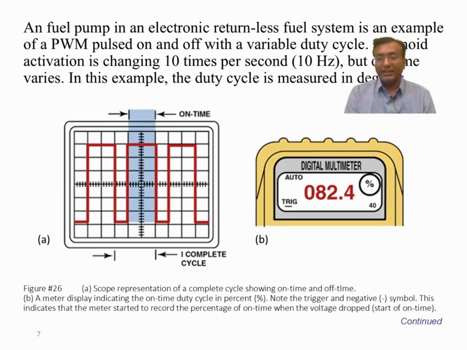Note the trigger negative symbol. This indicates that the meter started to record the percentage of on time when the voltage drop starts. What happens here, we can say this is the baseline and this is a negative. So from here it started to check and it stopped over here, so there is a negative sign over here.